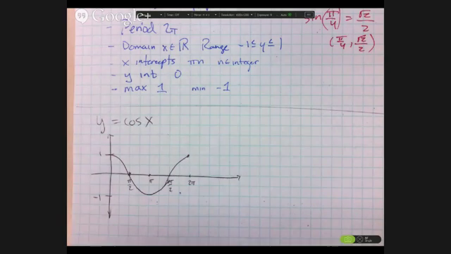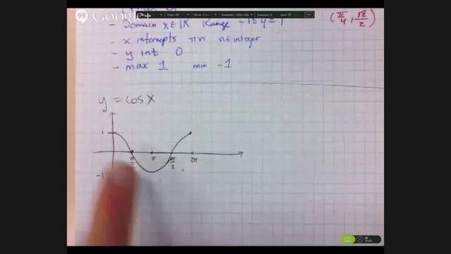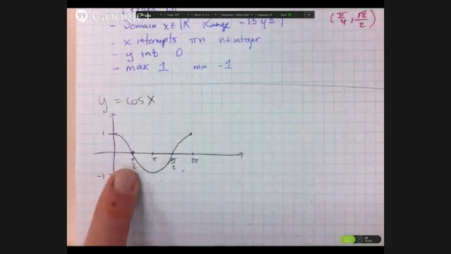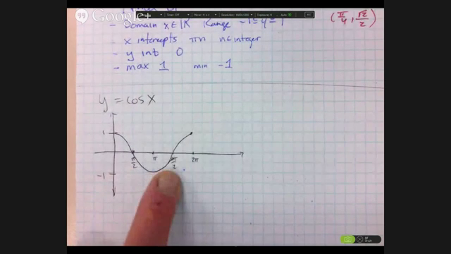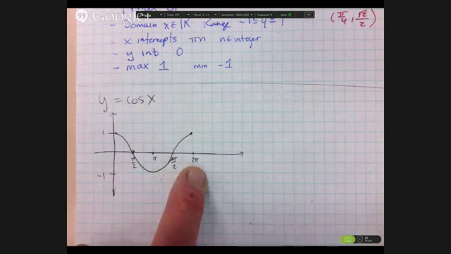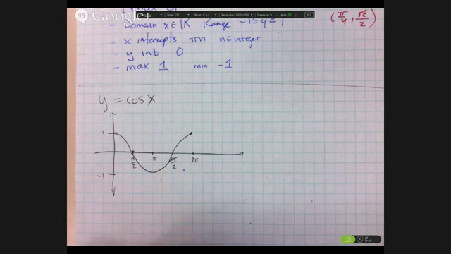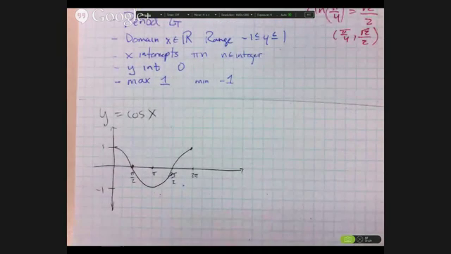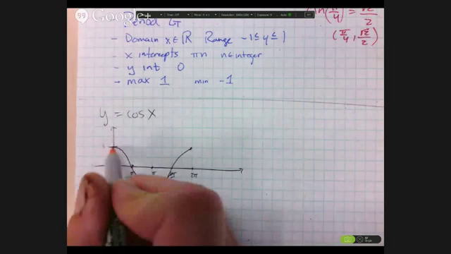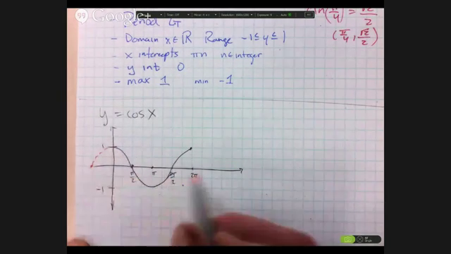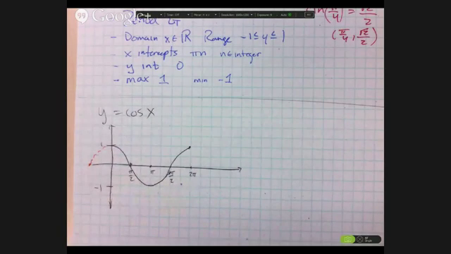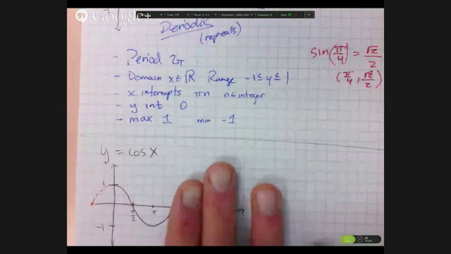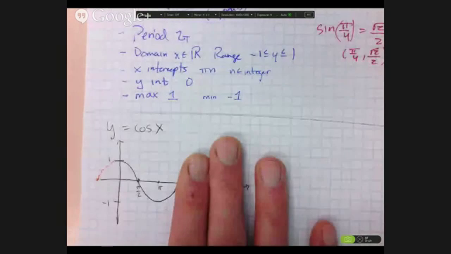Get it? Okay, so pi over 2, pi, 3 pi over 2, and 2 pi. So the first thing I want you to notice is, what does that look like?